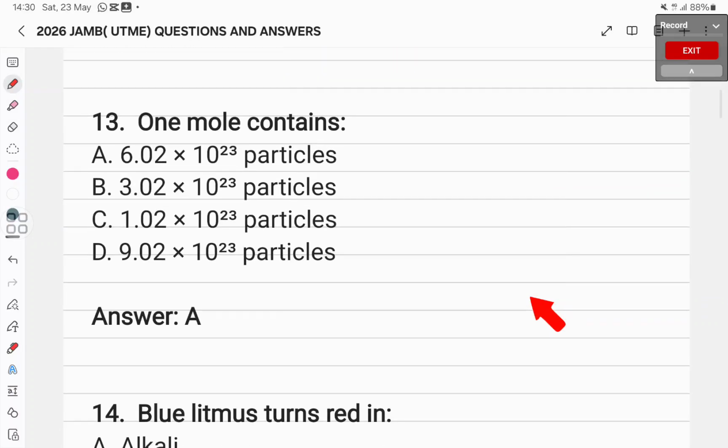Question number 13. 1 mole contains 6.02 times 10 raised to the power 23 particles. This is what we call Avogadro's number. This was proposed by Avogadro.